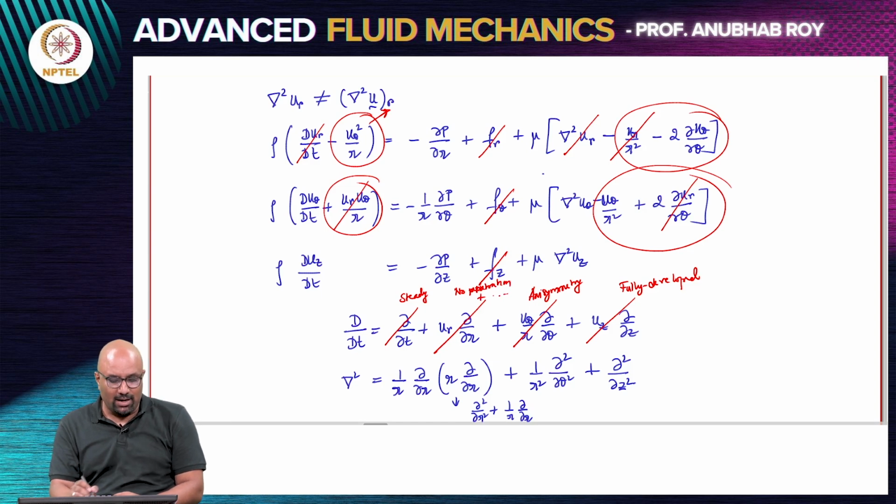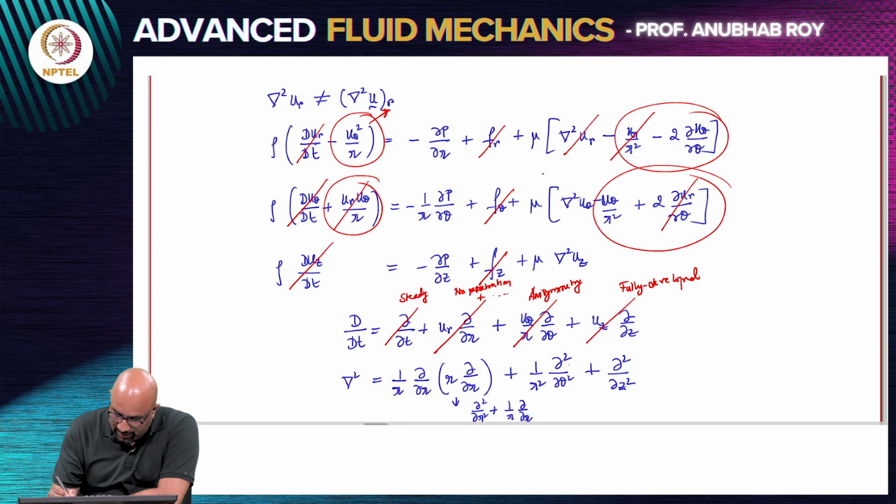Which means the entire material derivative is 0 for all the terms. So the left hand side is identically 0 with this assumption. I'm just dealing with the right hand side, and in the del square operator there is axisymmetry and fully developed. So it turns out to be just a radial derivative.